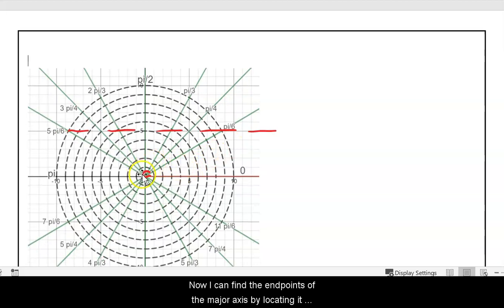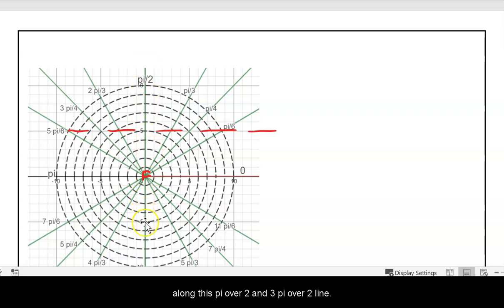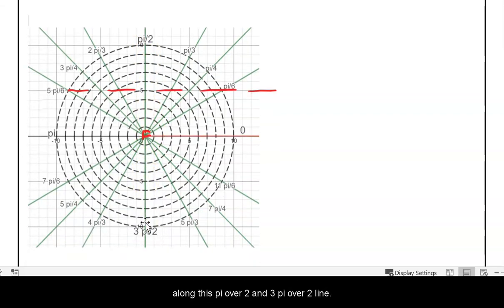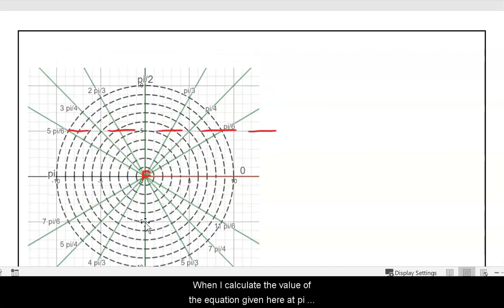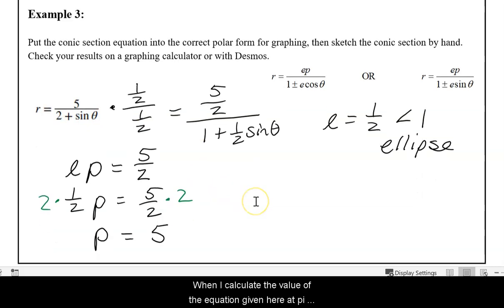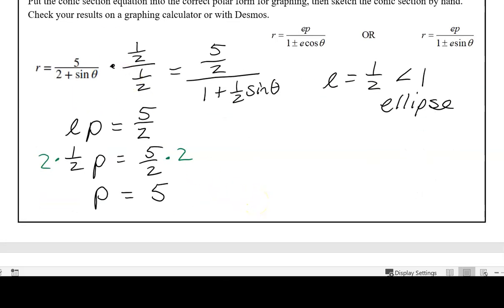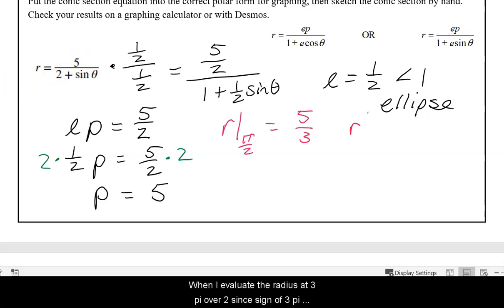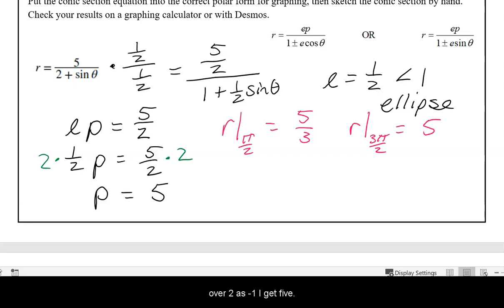Now I can find the endpoints of the major axis by locating it along this pi over 2 and 3 pi over 2 line. When I calculate the value of the equation given here at pi over 2, what do I get? I get that r evaluated at pi over 2 is equal to 5/3. When I evaluate the radius at 3 pi over 2, since sine of 3 pi over 2 is -1, I get 5.